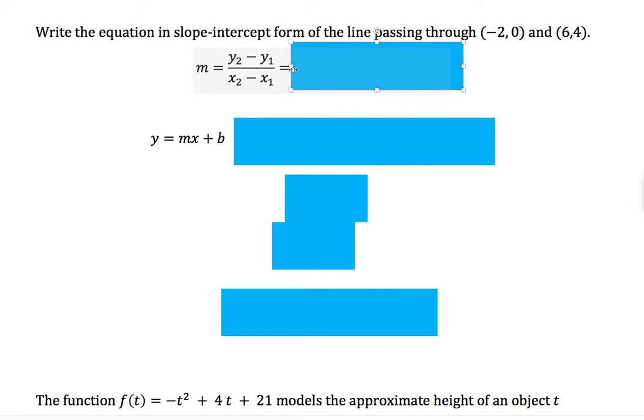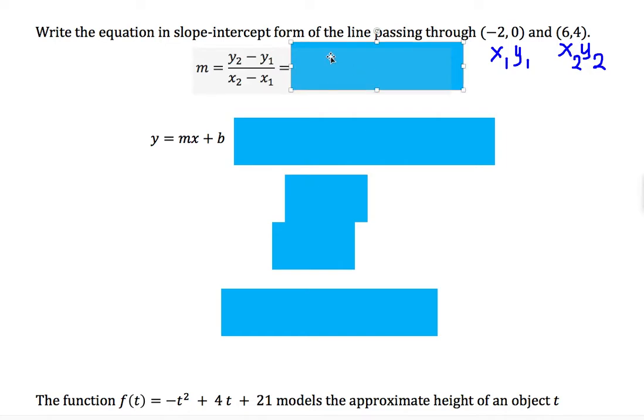And so we just need to plug in our x values and our y values. So here's an x value, here's another x value, here's a y value, and here's another y value. It doesn't matter which one is point 1 and which one is point 2, but in this case, I have labeled this point as x1 and y1 and this point as x2 and y2.